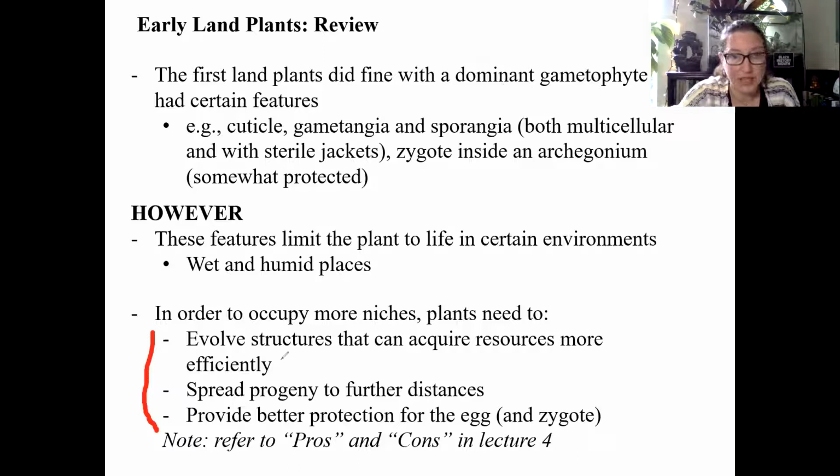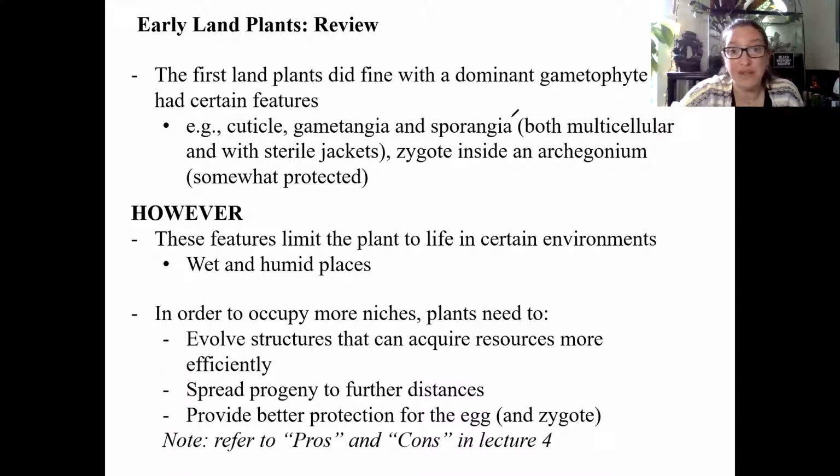We need to achieve these things. Evolve structures that can acquire resources more efficiently. That means vasculature. Spread progeny to further distances. That's talking about spores, which will grow into gametophyte plants. And then better protection for the egg. We'll get there later.